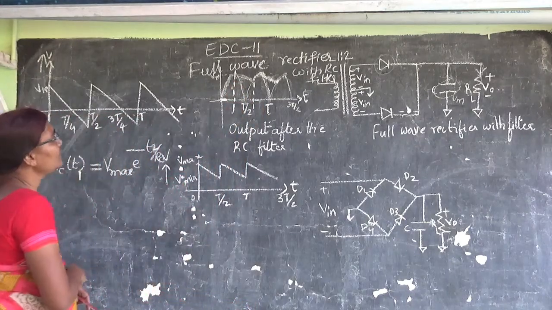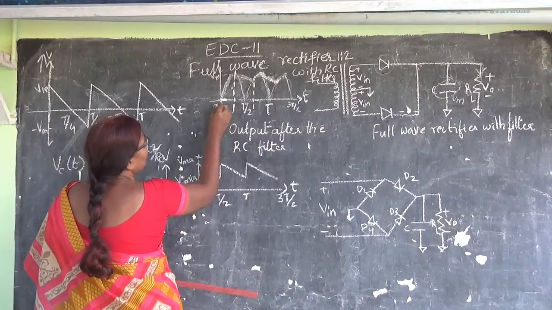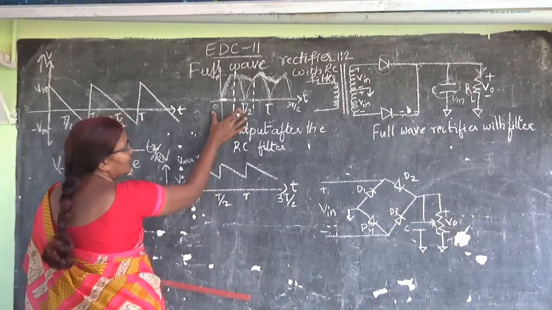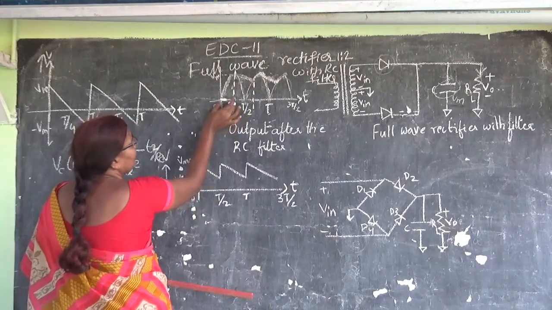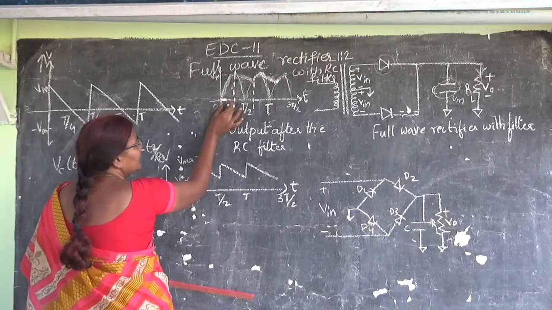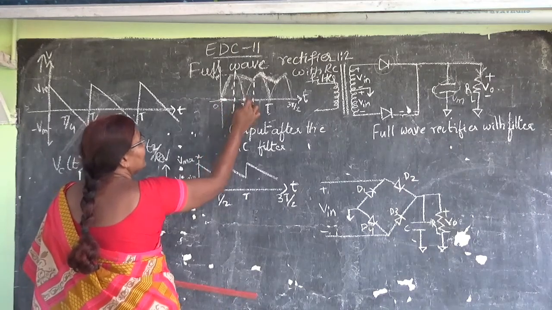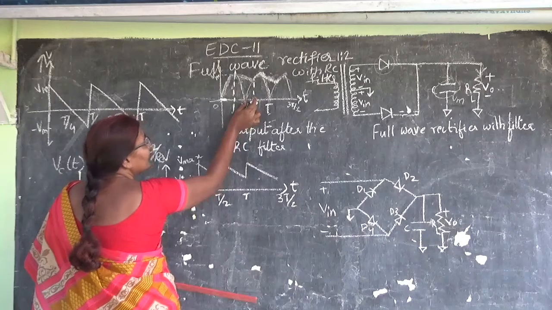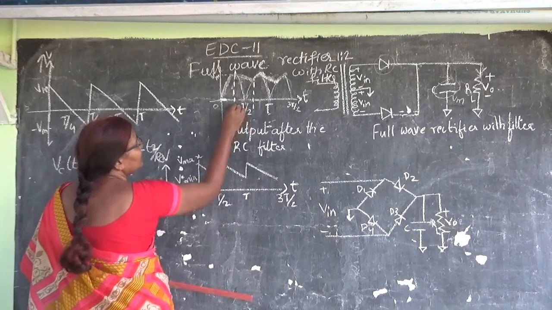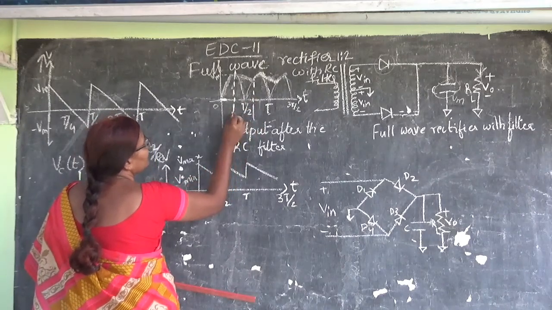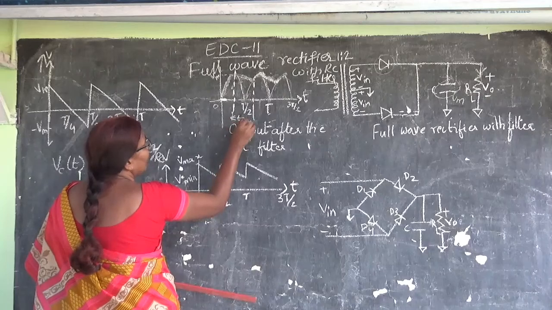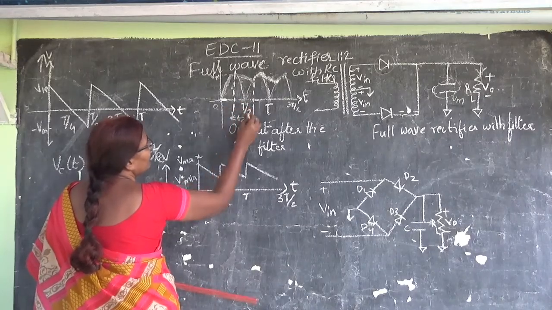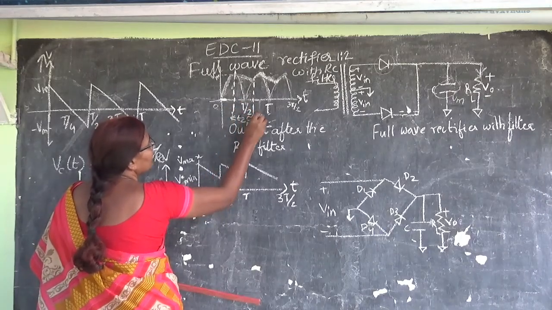T2 is going to be 0 to T by 2 is this time period, and after some time period, this time period can be considered as T2, and this can be approximated to T by 2.